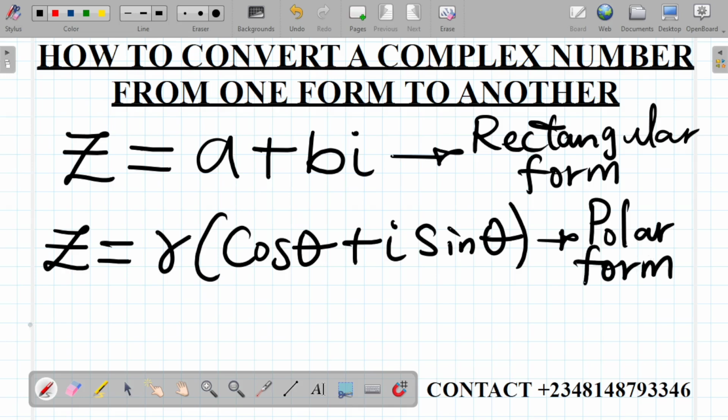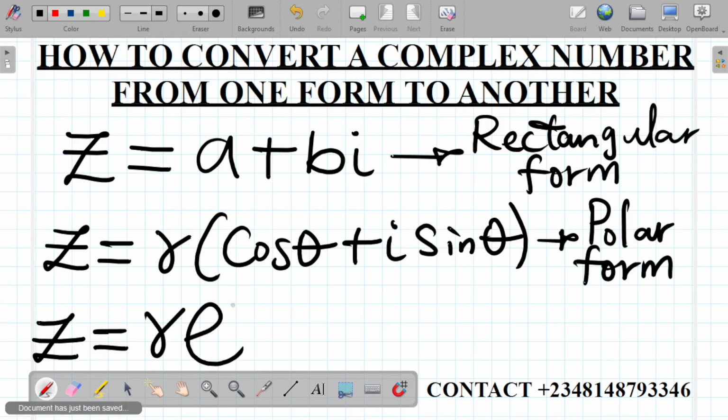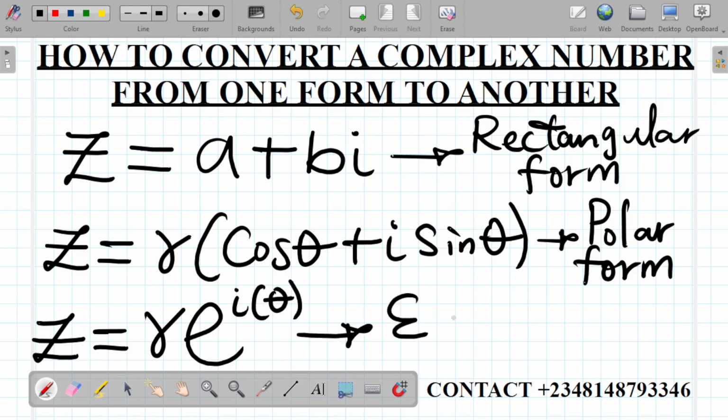And also recall that the exponential or Euler's form of a complex number is written as z = r e^(iθ). So this is the exponential form.